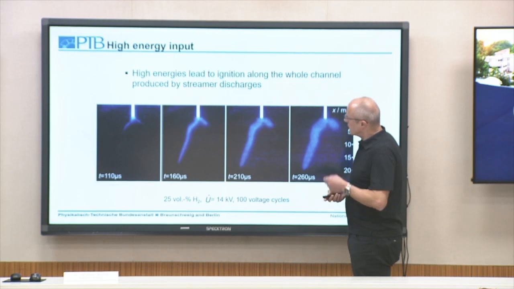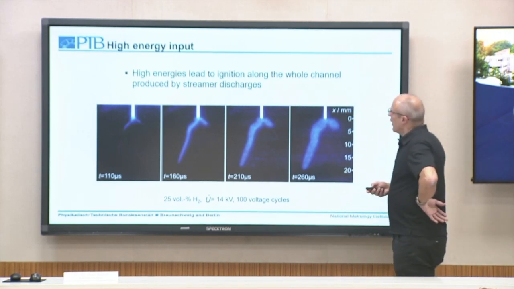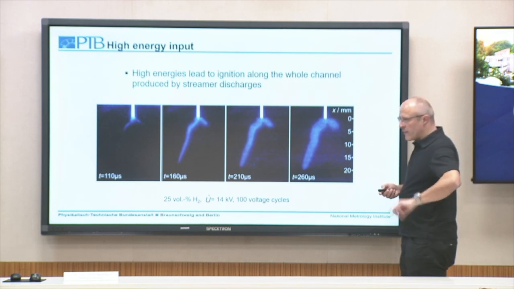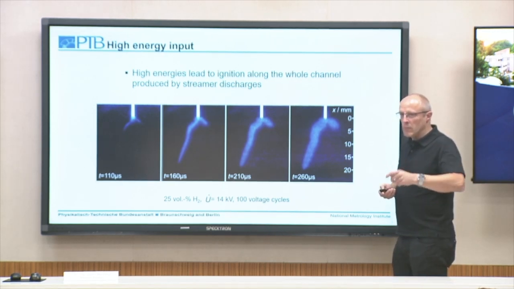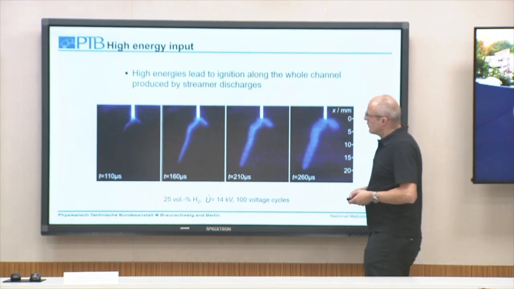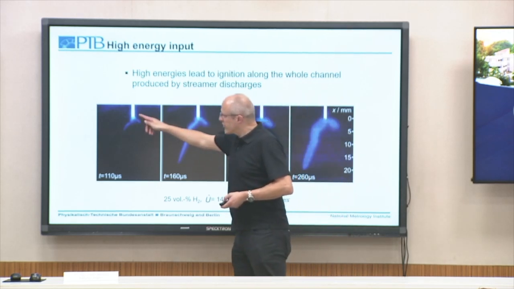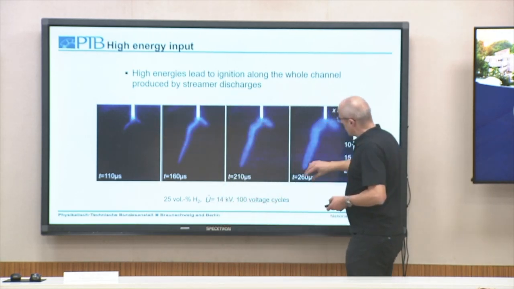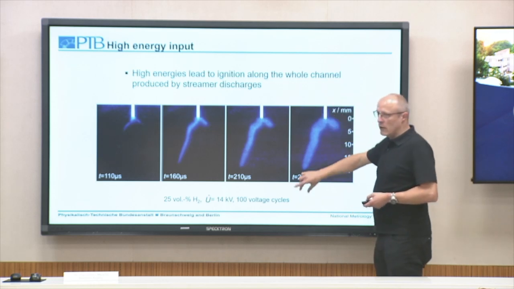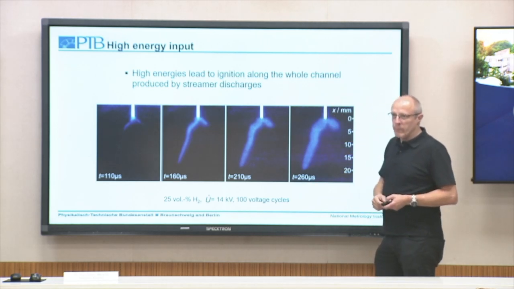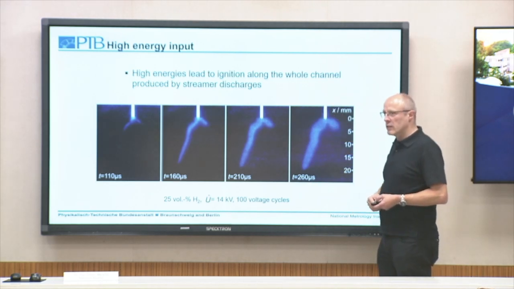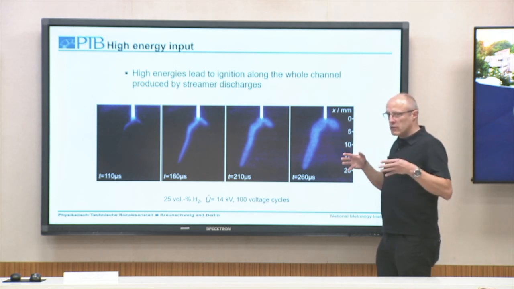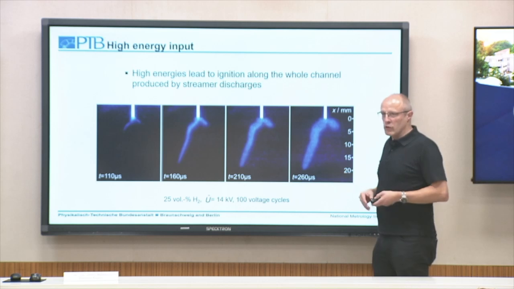Here we have a maximum velocity. If we then increase the energy to higher values, we do not see any more an ignition only taking place here at the tip of the rod. We can see that ignition takes place along the whole volume of the streamer discharge. So again, this is the original aim of this application, to yield ignition in a larger volume.